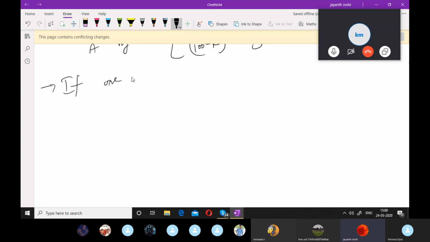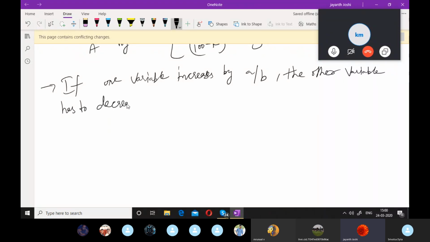If one variable increases by A by B, the other variable has to decrease by A by (A plus B).